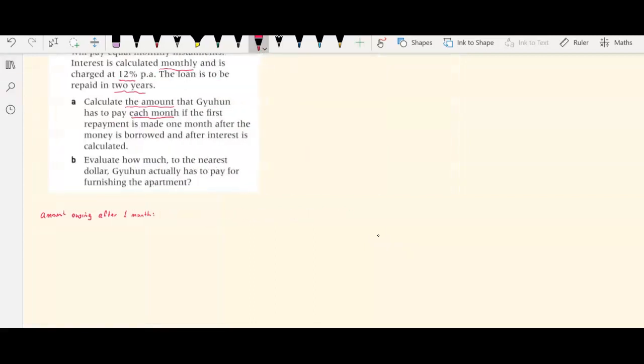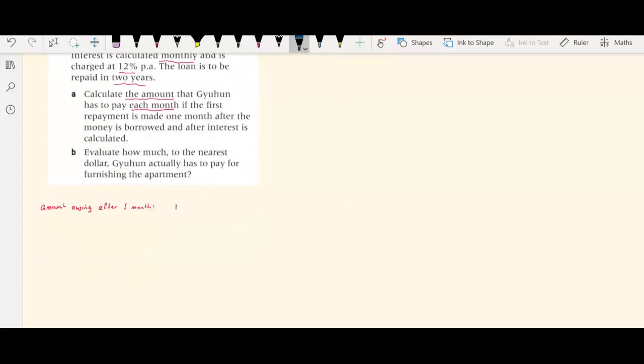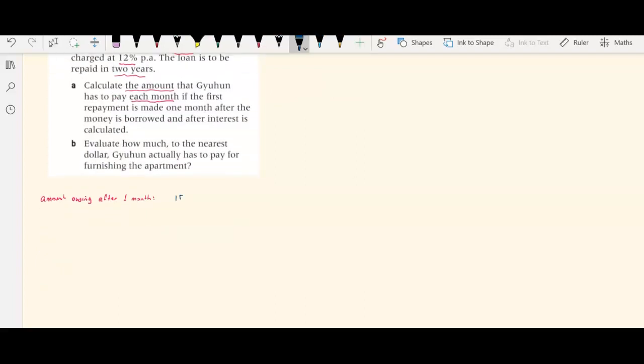Now, the amount owing after 1 month will be 1,500. He pays 1% interest on that for the month, and then he pays his monthly repayment. That's M, and that's what we're trying to find.